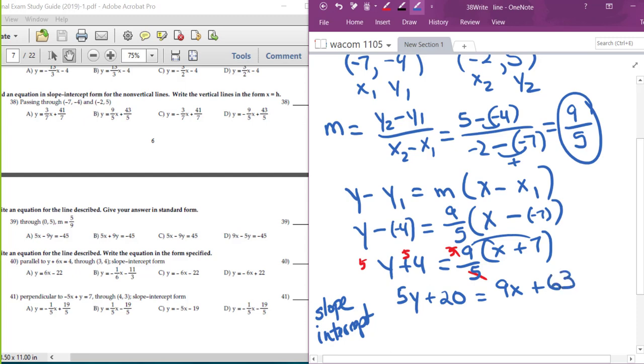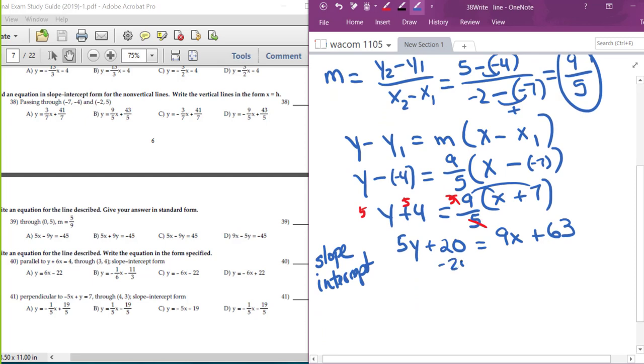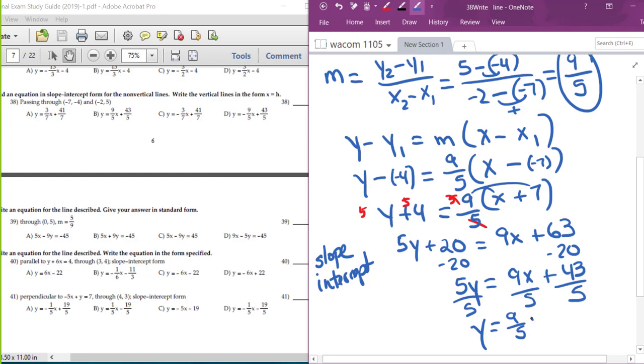Now, slope intercept form says isolate the y. So we're going to subtract the 20. So we have 5y equals 9x plus 43, and divide by 5 all the way across. So y equals 9/5 x plus 43 over 5.